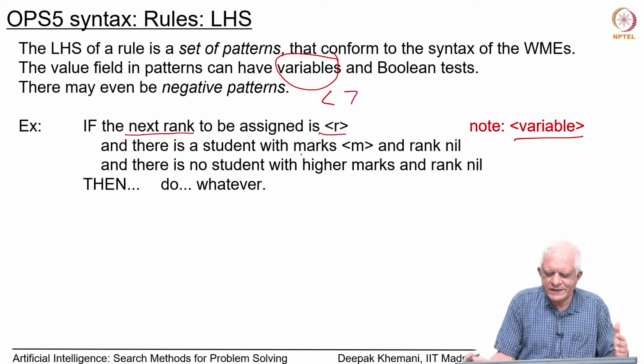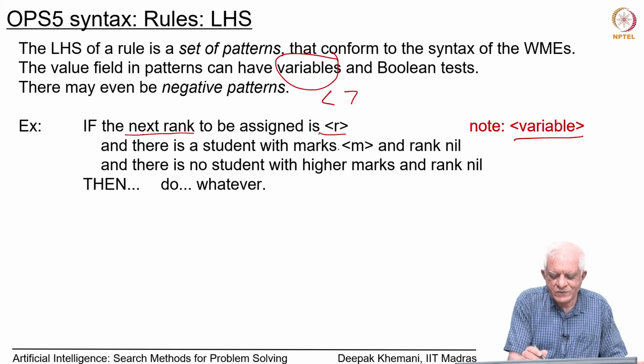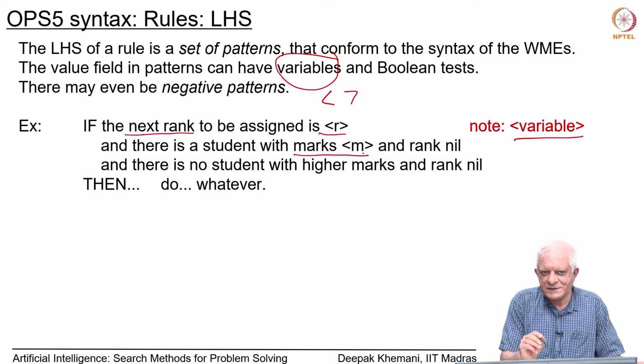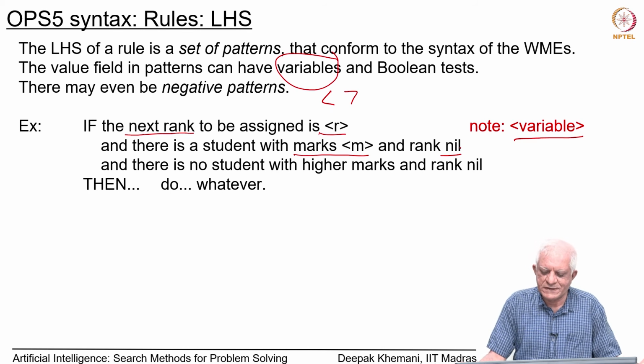The pattern only says that the student should have some marks m. Again, remember this m is a variable, and it has not been assigned a rank as of now essentially. So, the rank must match nil essentially. Okay. So, R is the rank that you want to assign.